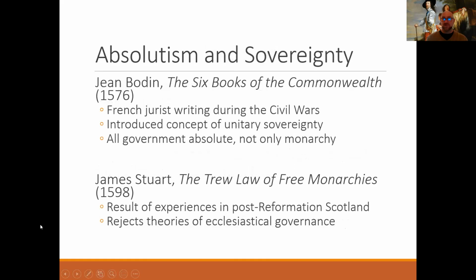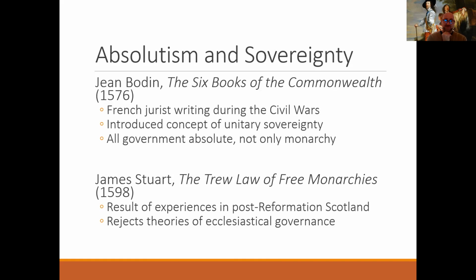And the most important person in this regard is a man named Jean Bodin, who is a French jurist writing during the French Civil Wars in the 1570s, and writes a book in 1576 called The Six Books of the Commonwealth. And during the 1560s and 70s, in response to all this stuff, you had a lot of French legal theorists talking about French law, because of course they're trying to figure out what to do with all this chaos, right?